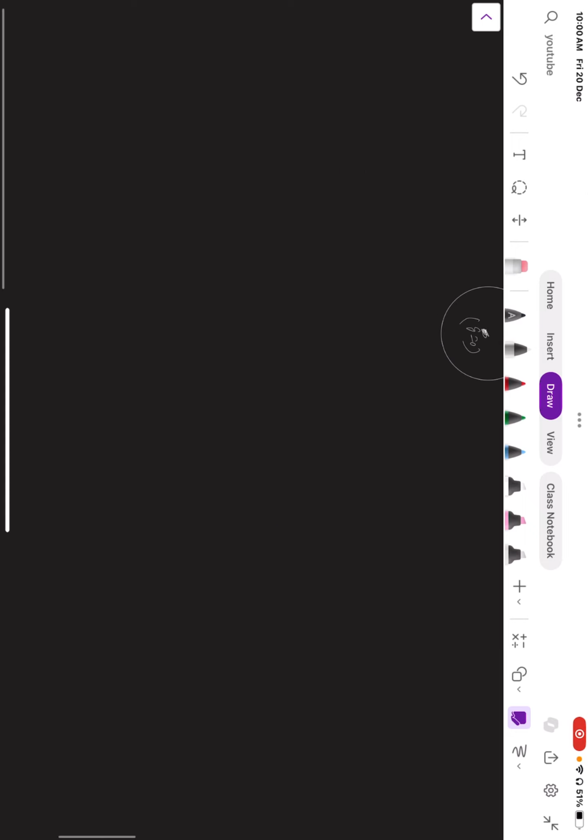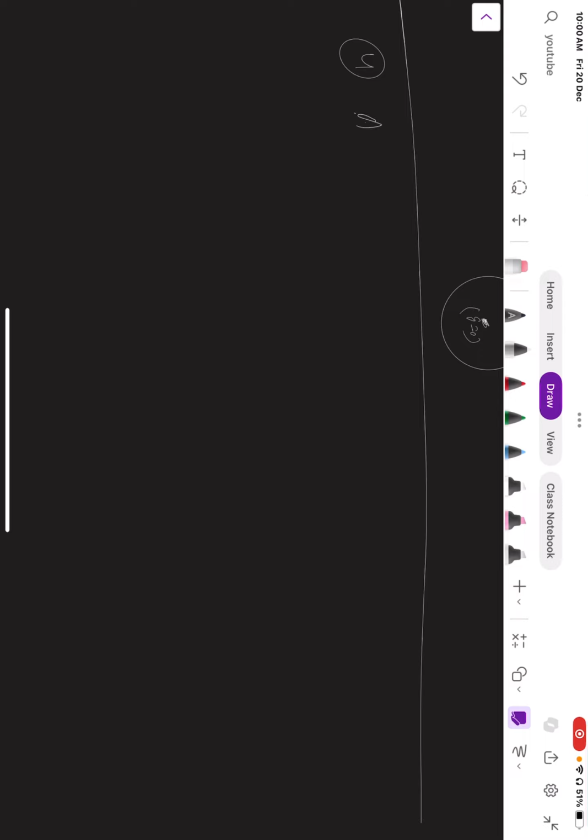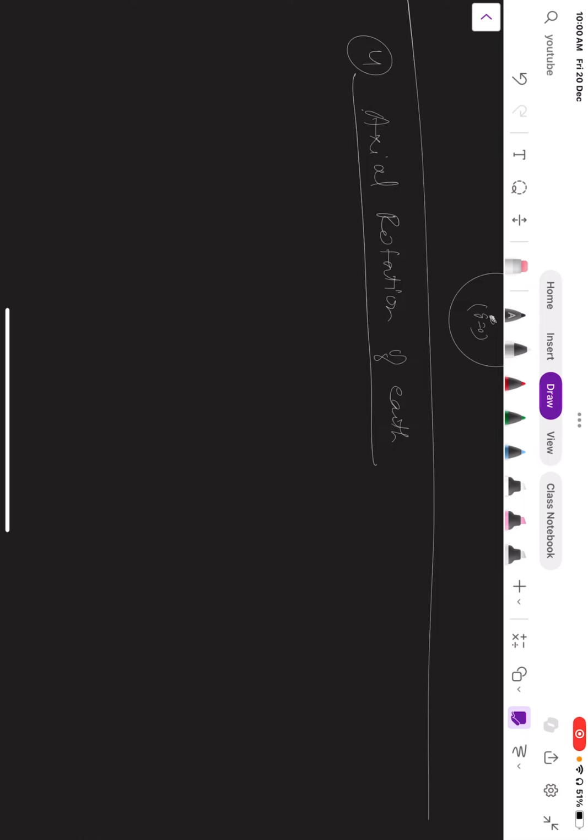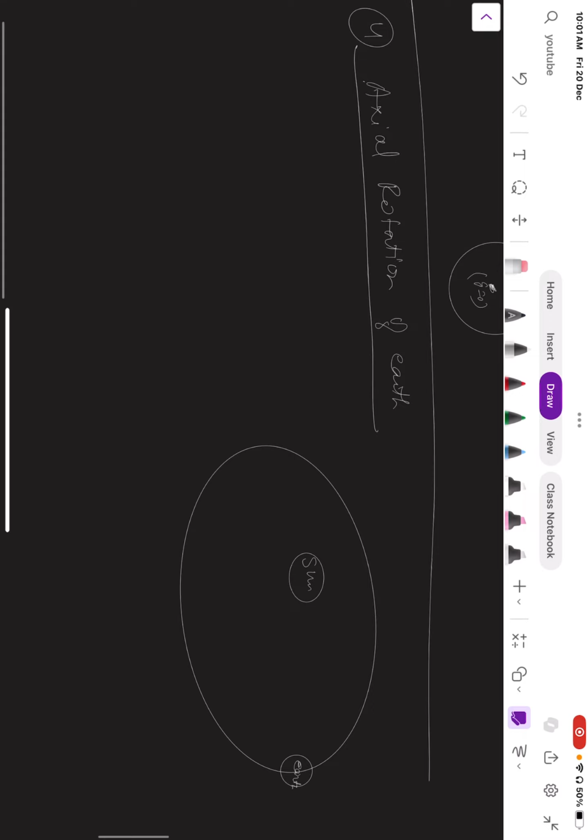Now the fourth part is very important, that is the axial rotation of earth. What does this mean? Suppose this is the sun, and around the sun, in an elliptical orbit according to Kepler's law, the earth is moving.